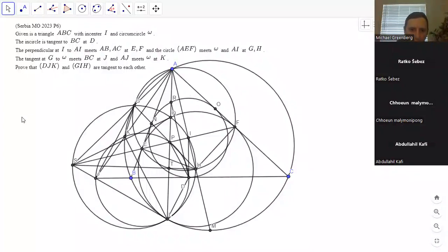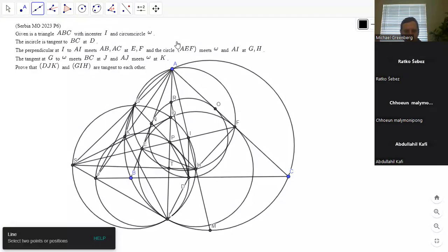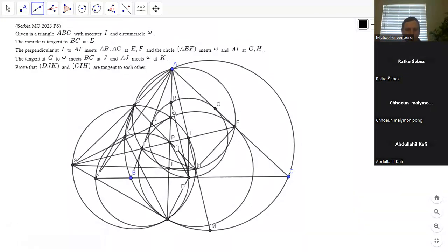So if PTL and this intersection point of ID and AL are harmonic, then that means T would lie on the polar of that point with respect to this circle. And that point would be really far away.